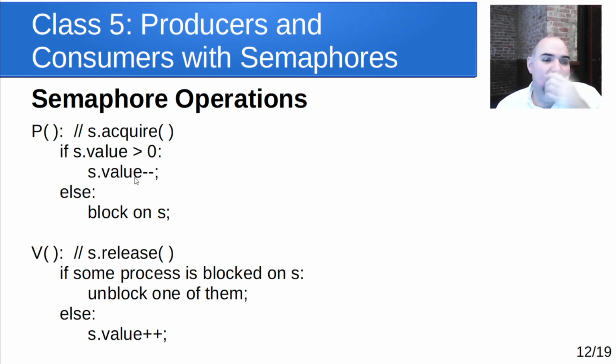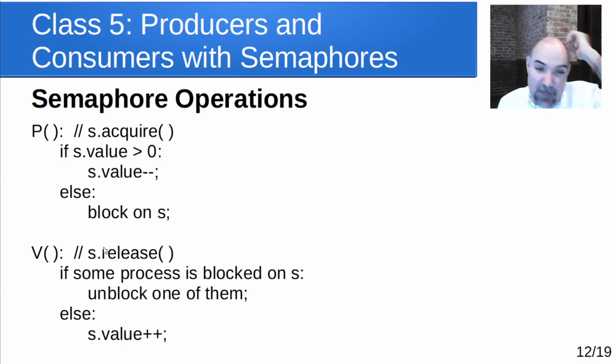So in other words, if the value is greater than 0, decrement it. But if the value is at 0, we don't decrement it. We basically block and wait on that semaphore S. We wait on its value to become something other than 0. So in other words, if we hit acquire and there's a semaphore value available, it's greater than 0, let's say there's 1 there, we decrement to 0 and go on our way.